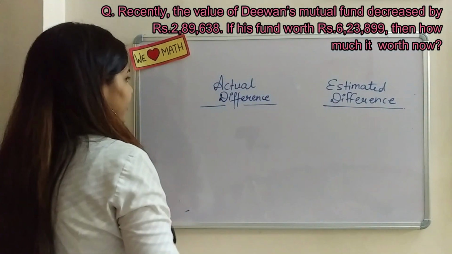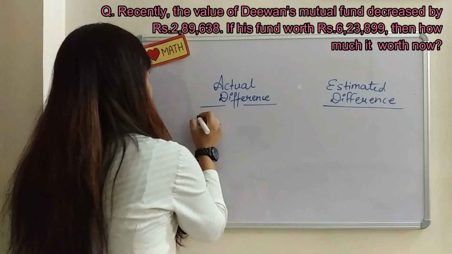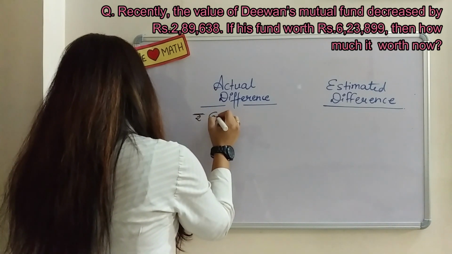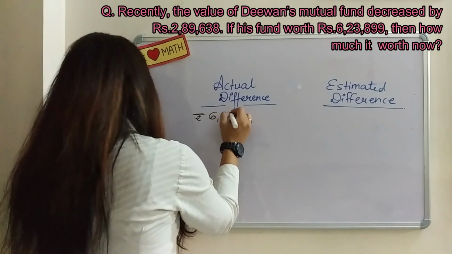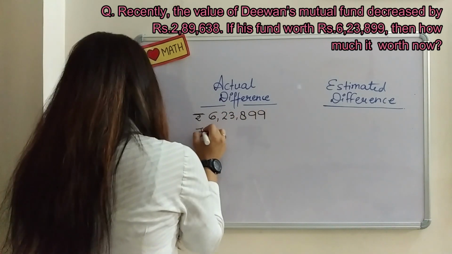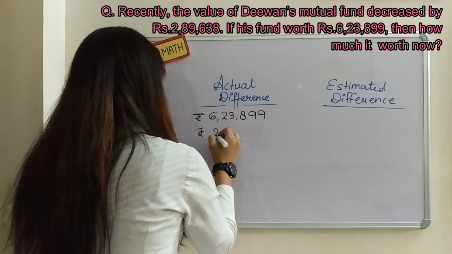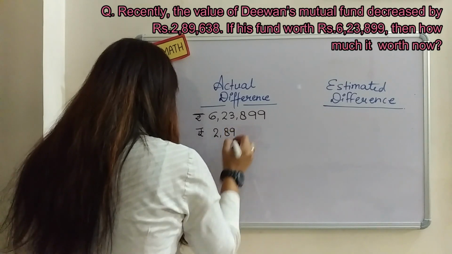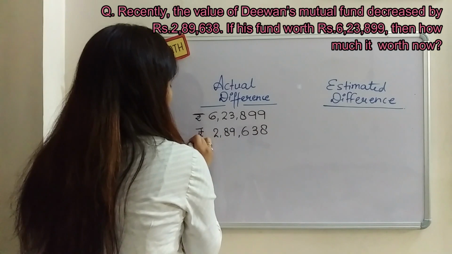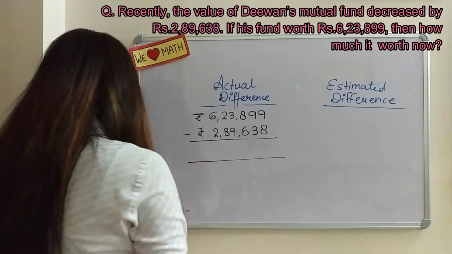That's why we are writing difference here. So the value was rupees 6,23,899, and here the value decreased by 2,89,638. So we need to do it.